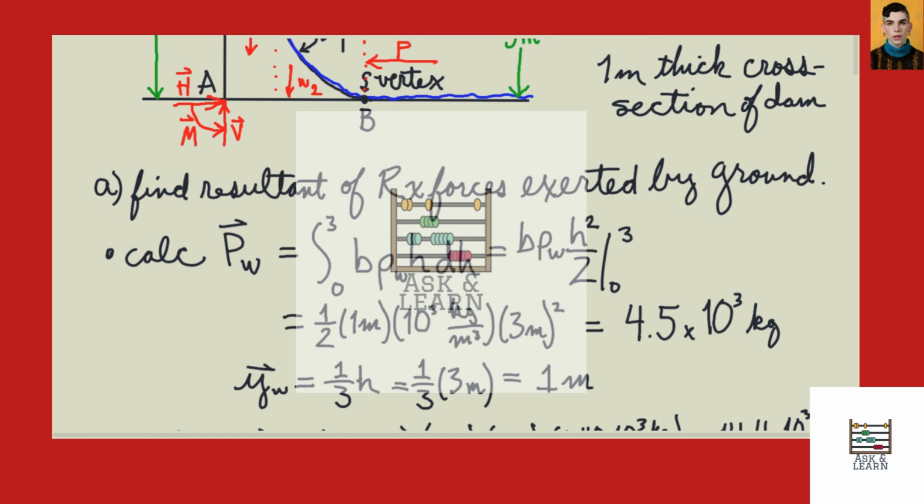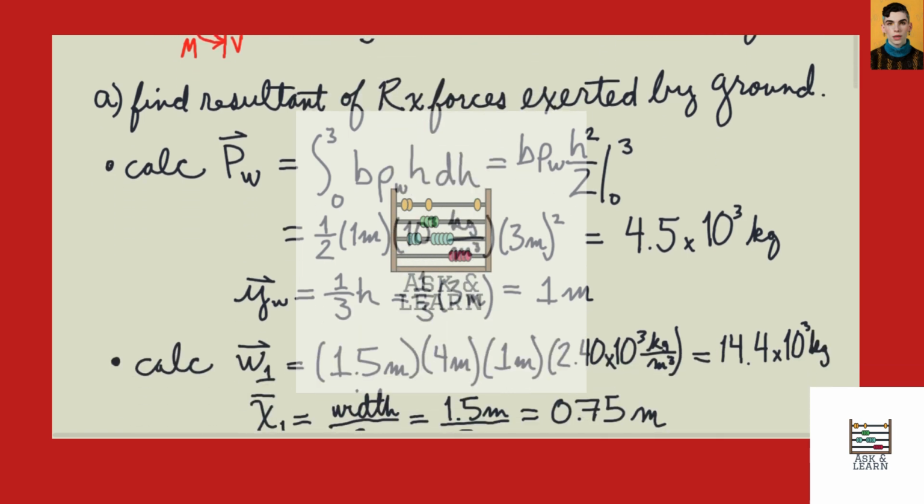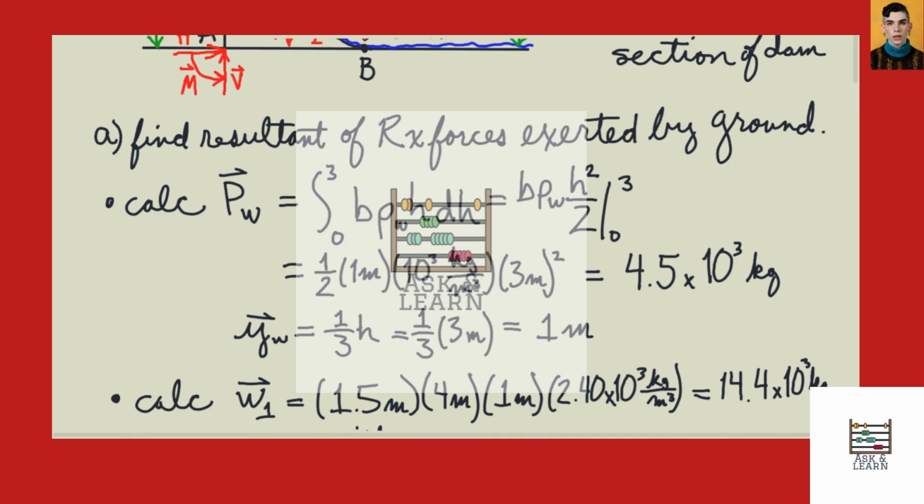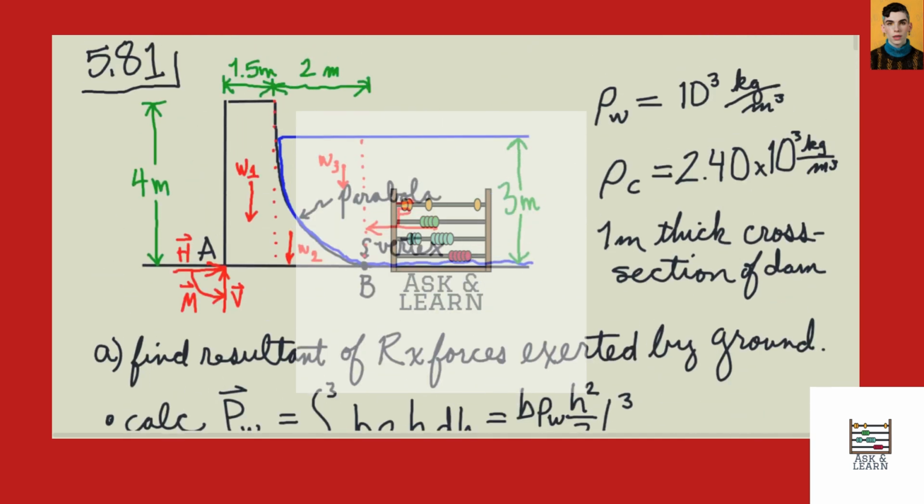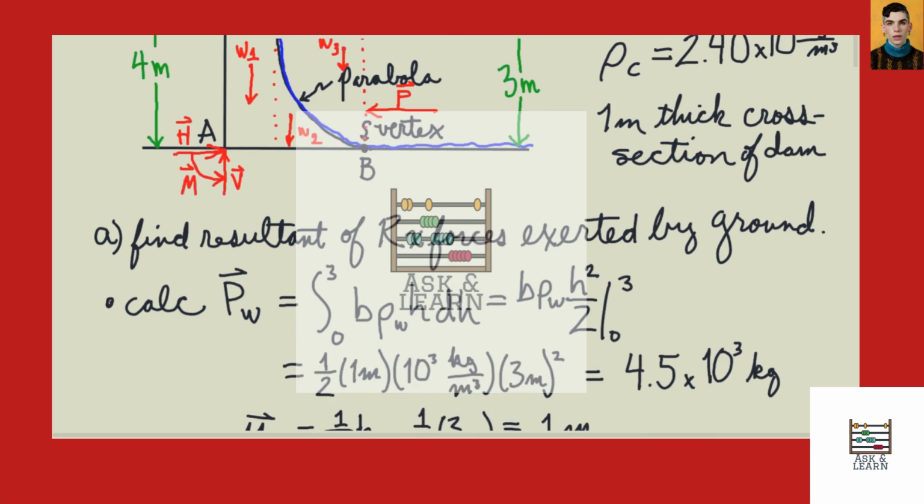Doing that, we're left with B times the volume density of water times the height squared over 2, evaluated from 0 to 3. Plugging all the numbers in, we are left with 4.5 times 10 to the third kilograms, again, the lateral force of water pressing against the dam.